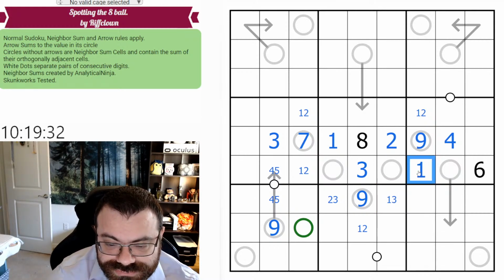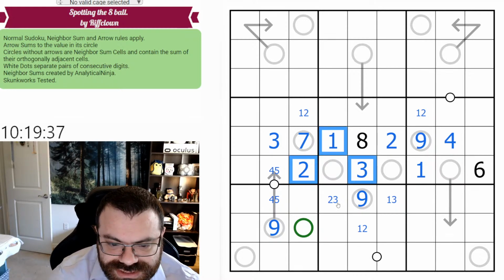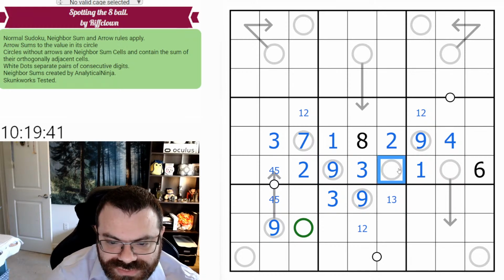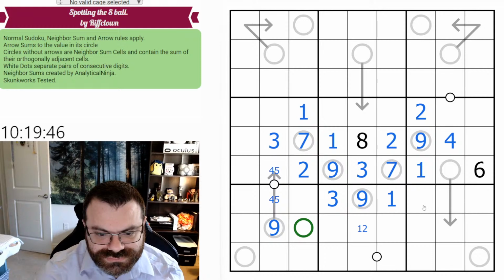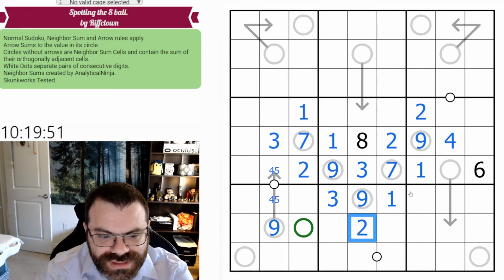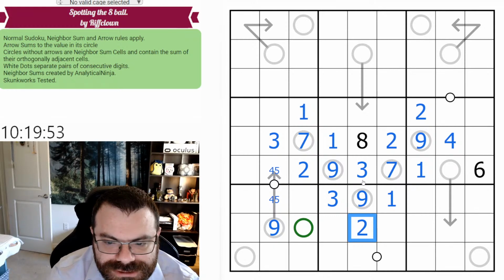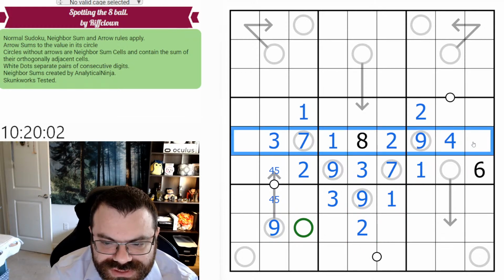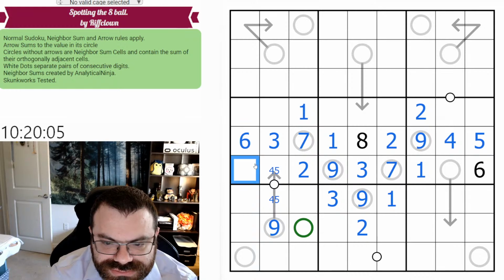So this is a 1, that's a 2. And now this adds to 6, and so this can't be a 2 or we'd add to 8. So that's a 3 adding to 9. And this is 7 adding with a 1. That's 2 and 1. Right, 5 and 6 are left in this row, so this given resolves it.